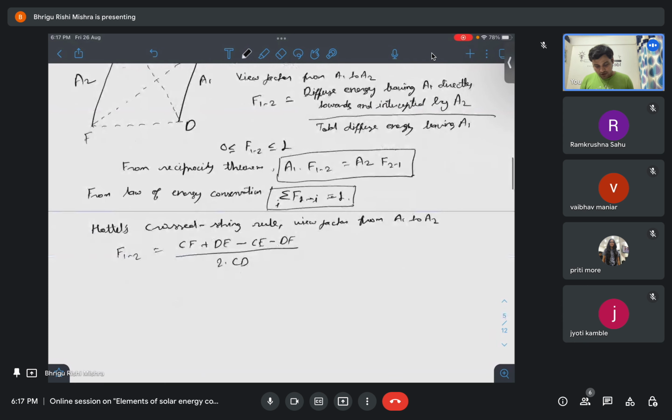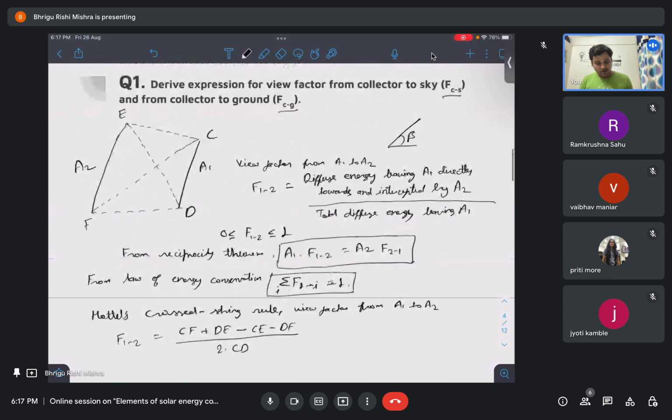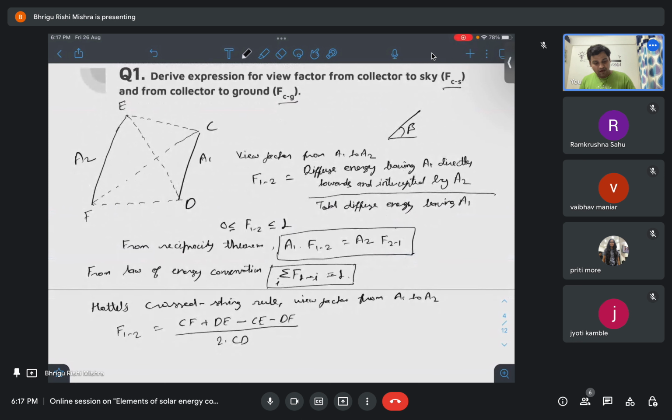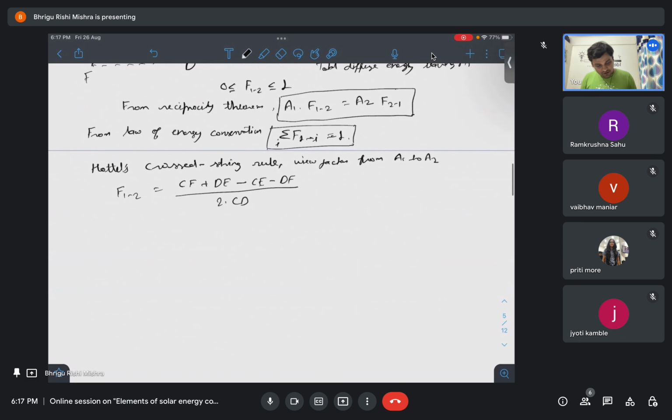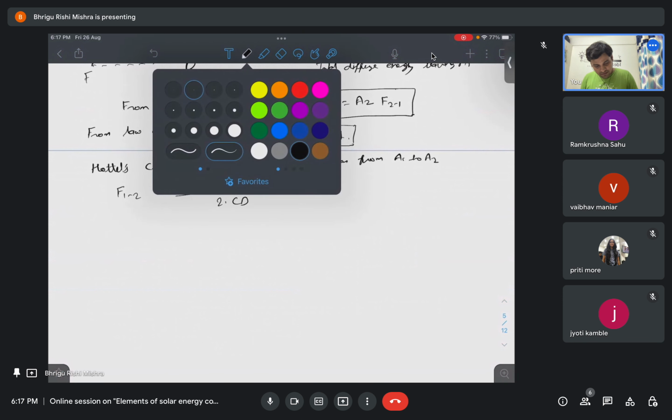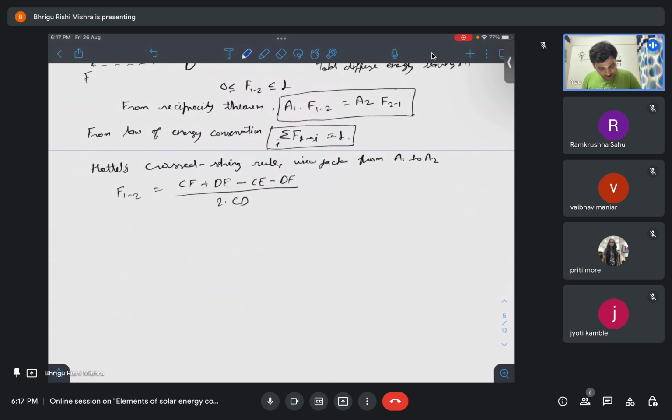Okay, so this is the general idea of view factor. Now we need to derive the collector to sky and the collector to ground view factors. So first we'll consider collector to ground. For example, this is the collector I have, and this is the ground.